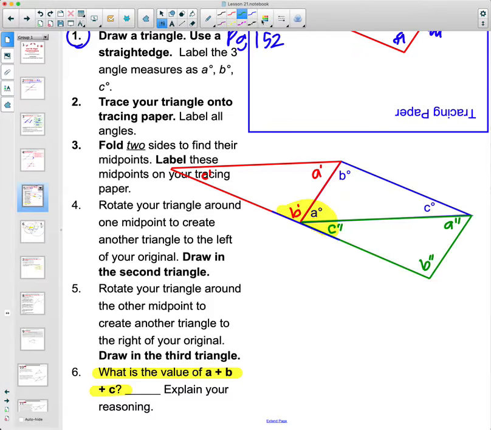You've got B here taking up this angle, you've got A here, and then you've got C here. So altogether, what do they total? They total 180 degrees, because right here they create this straight line. All three of them together total a straight line, which is 180 degrees.